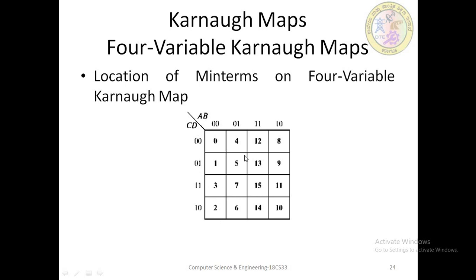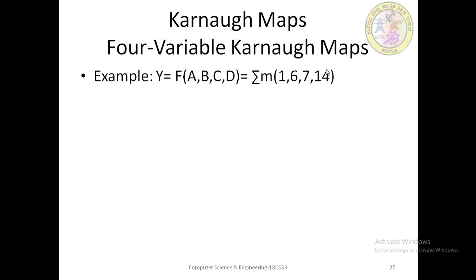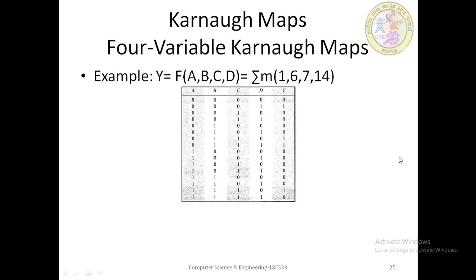Here I can say 0 1 2 3, 4 5 6 7, and then it will not start here, it will start from here, 8 9 10 11 12 13 14 15, and this is the decimal representation of that.